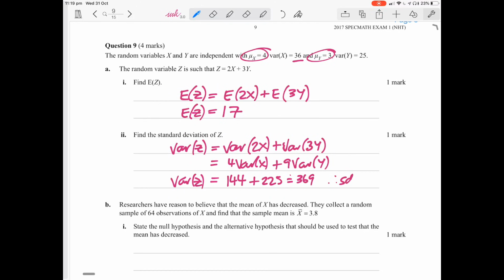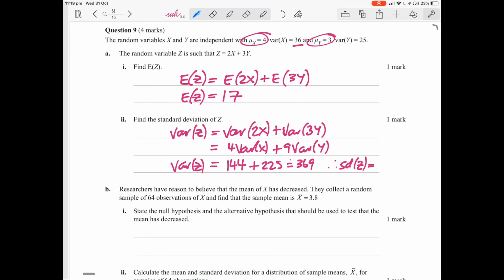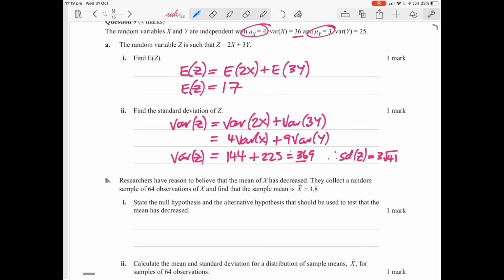So therefore my standard deviation of z is the square root of that. 9 goes into that 41 times. So 3 root 41, because 9 times 41 is equal to 369. And if we square root that, we're going to get 3 root 41.